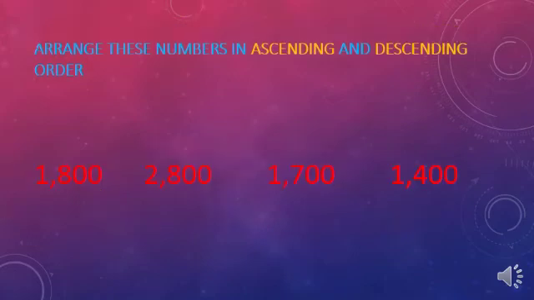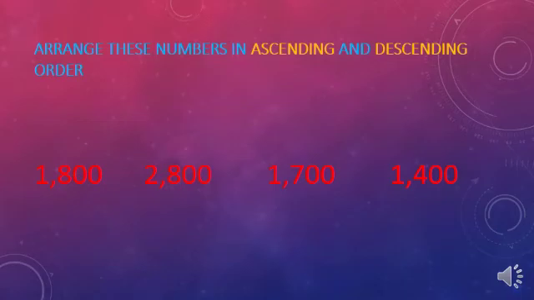This is also an exercise question from your textbook. So these numbers are 1000, you have to read with me, 1800, 2800, 1700, 1400. Here see, on the thousands place, in three numbers 1 is there, correct, and in one number 2 is there.